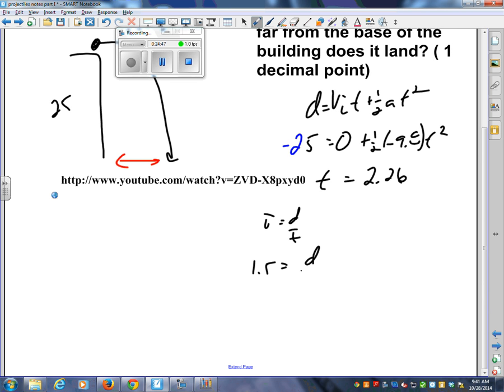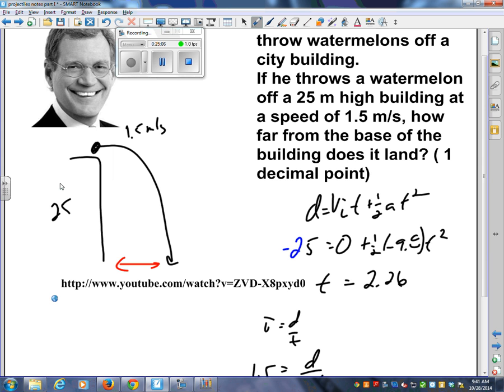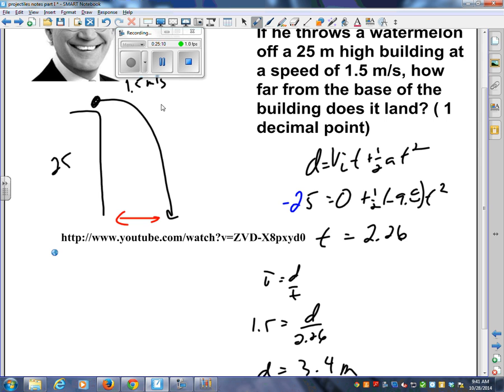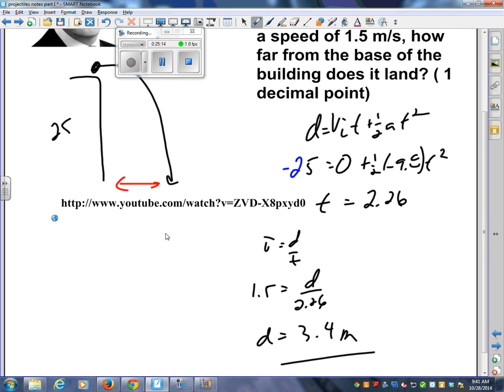So d over 2.26. 3.4 meters. Did you guys solve this wrong or something? Oh, yeah, that's distance. How many marks would that be worth on a test? Just 2. It's pretty straightforward.